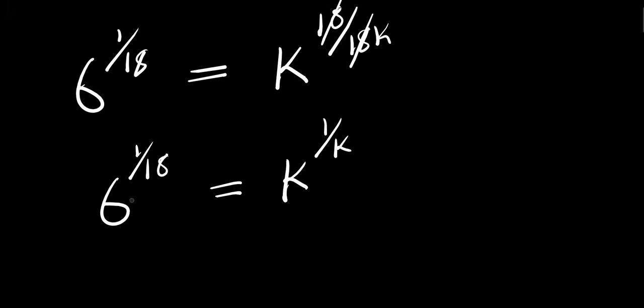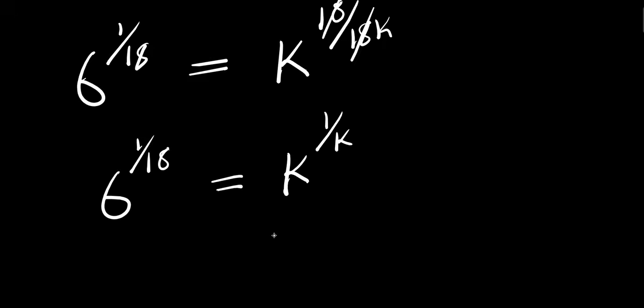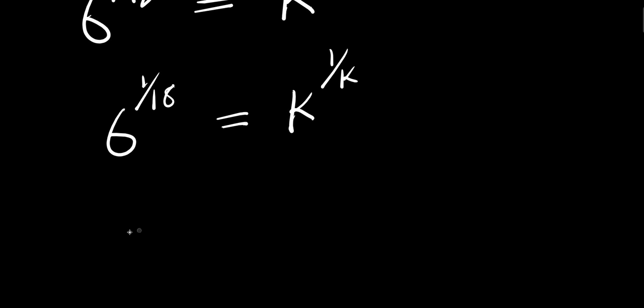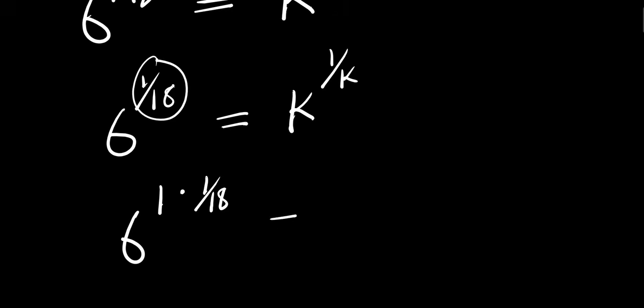Now, let's bring in 1 here. I can have 6 power 1 times 1 over 18. 1 times 1 over 18 is the same thing as 1 over 18. And this equals k power 1 over k.